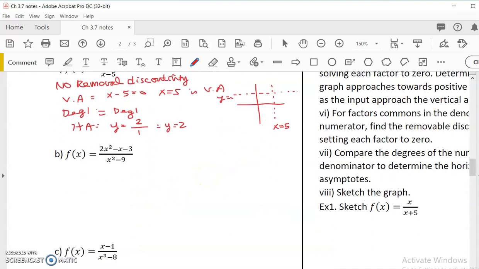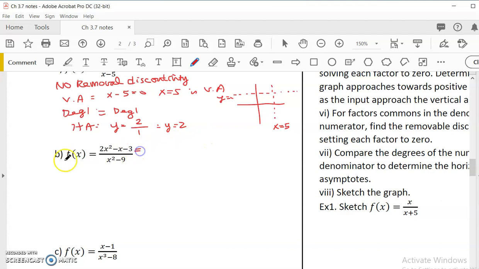The second one is the graph where we have 2x squared minus x minus 3. In order to determine if there's any removable discontinuity, we need to factor them, right?